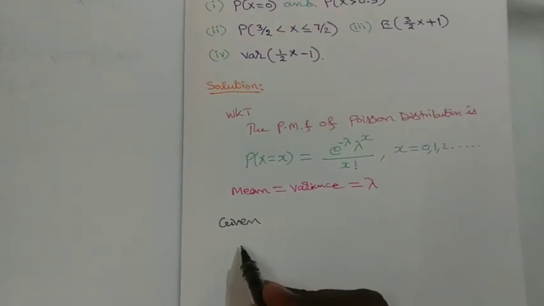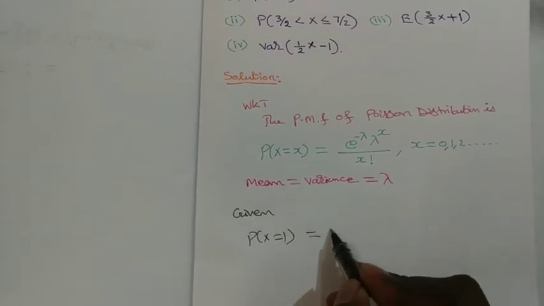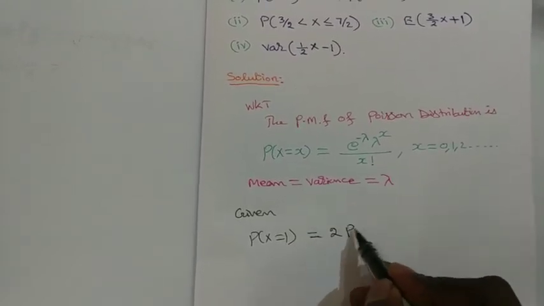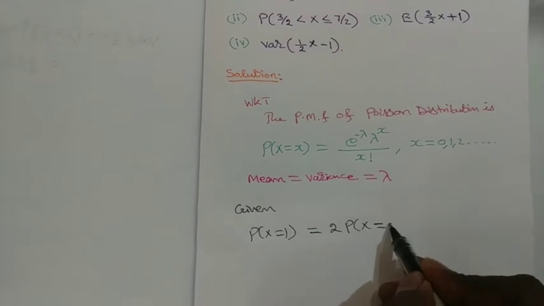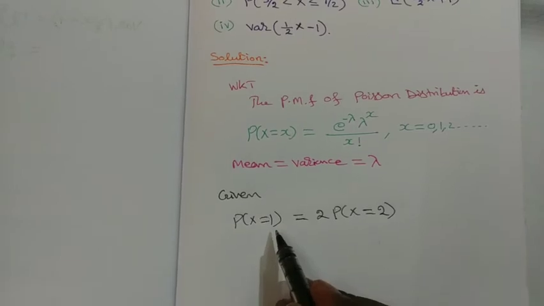P(X = 1) = 2 × P(X = 2). So this is given. Okay, so what is P(X = 1)?